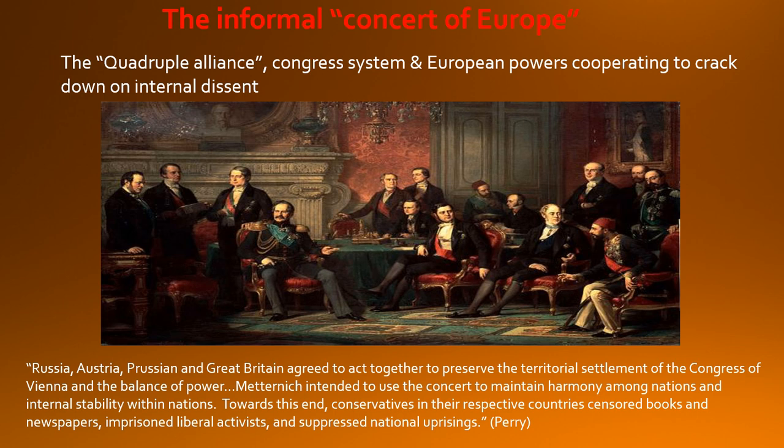So the Informal Concert of Europe, and it was informal. They didn't establish an international body like the League of Nations or like the United Nations today. It was more informal, but it was sort of the same idea. Since it wasn't a formal institution, they didn't meet regularly or 24/7.